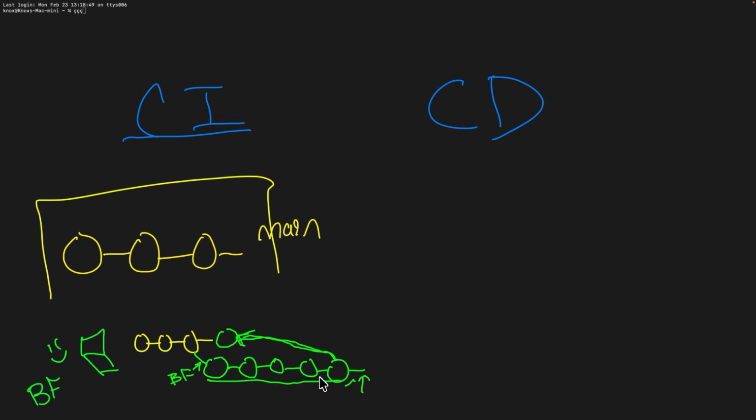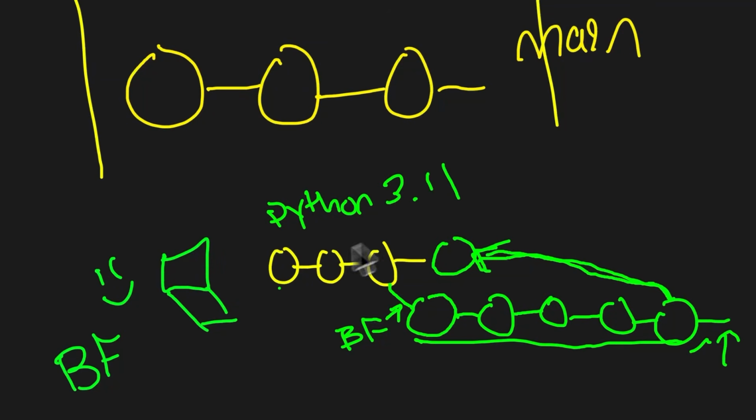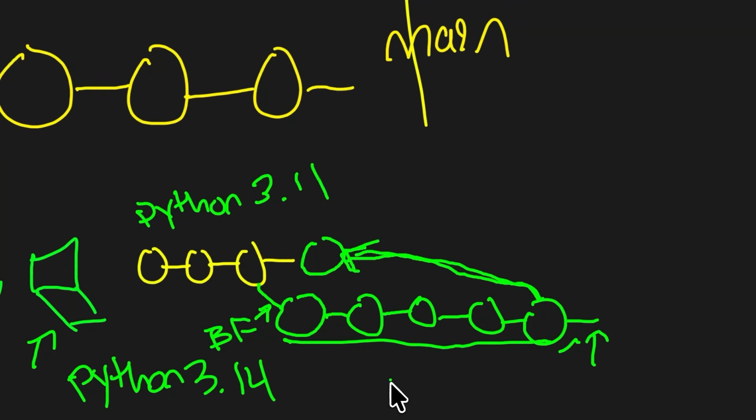This is a risky operation because the main branch could rely on certain versions of software, like it could rely on Python version 3.11. But if I'm building this on my local laptop and I have Python version 3.14, does that break anything?